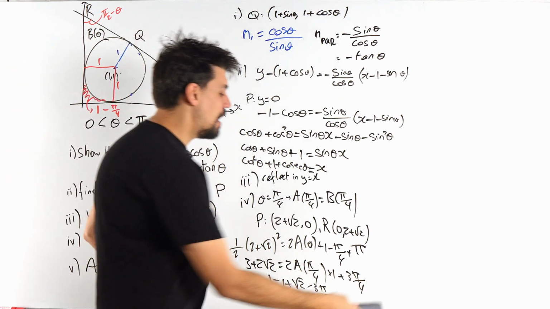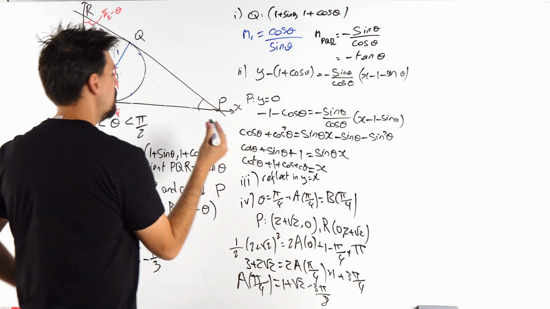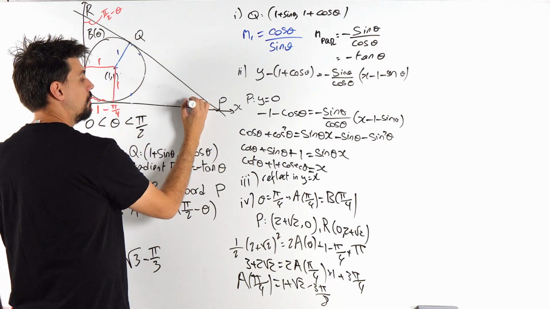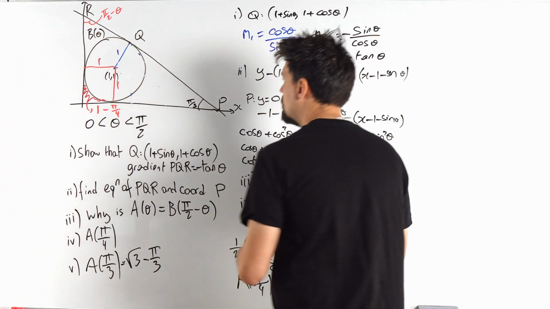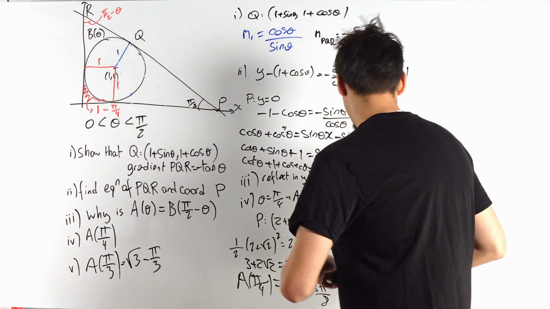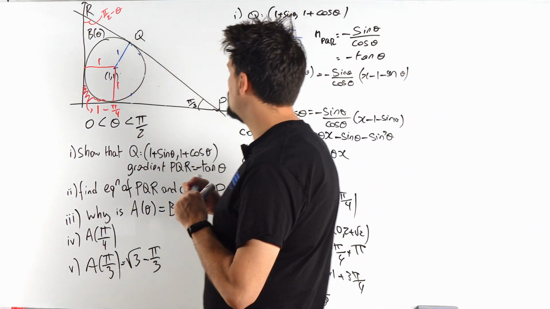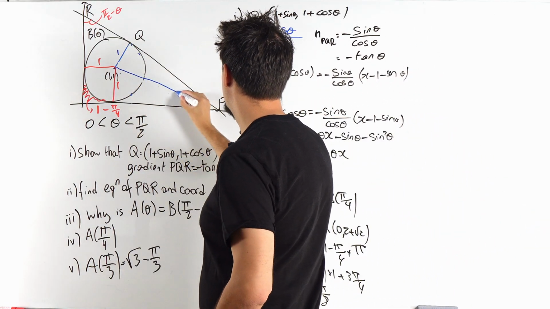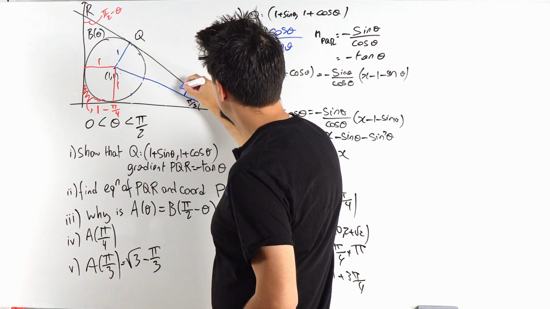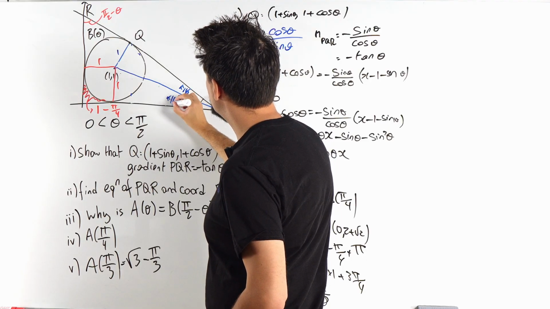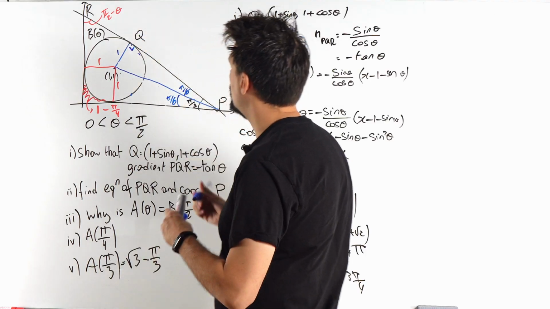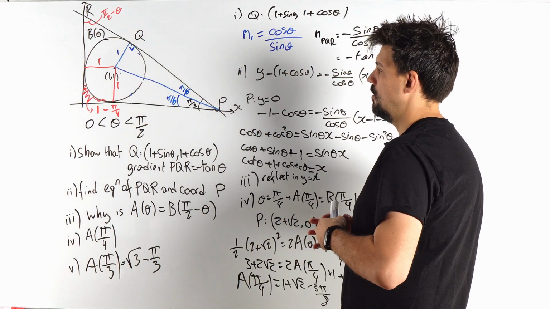Now we could do this in a general sense, but you'll quickly get the idea. So we're at pi over 3. What we are going to do, if I go over to this side here, we are going to split this thing in 2. And that is pi over 6. That is also pi over 6, and this is a right angle triangle.